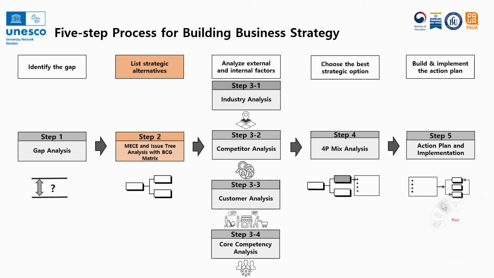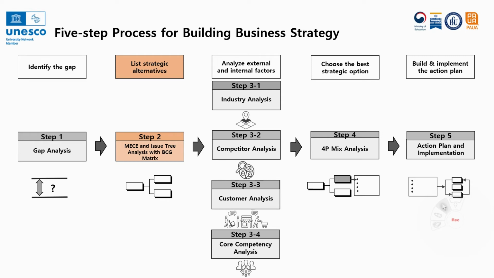Okay, again, this is a 5-step process for building business strategy. The first step was identifying the gap, and so we did the gap analysis in the previous class. Now it's time to focus on listing strategic alternatives.